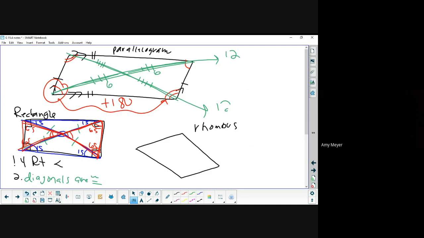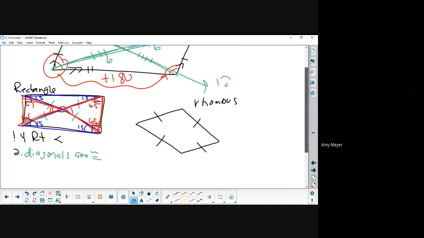I like to think of a rhombus as like a smushed square. So imagine I have a square. It's like a box or something. I want to recycle it, so I have to smush it. I have to flatten it. So it was a square, nice and even, but now it's kind of tilted or slanted sideways. So the angles are no longer nice and 90 because it's been slanted, but the sides are all the same.